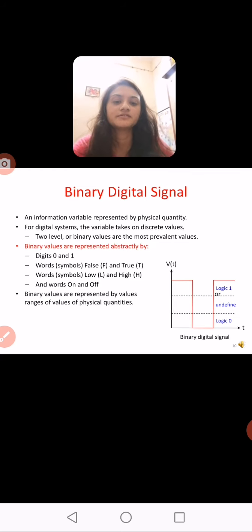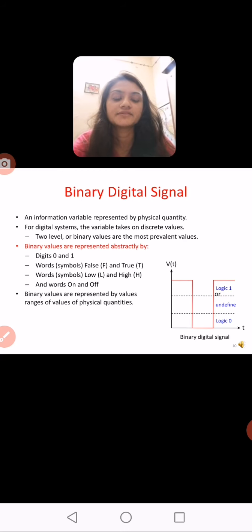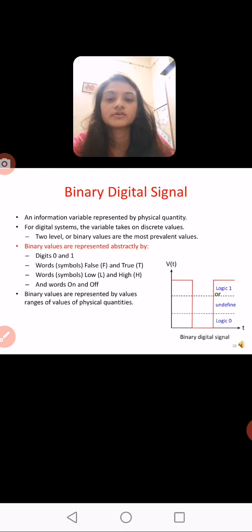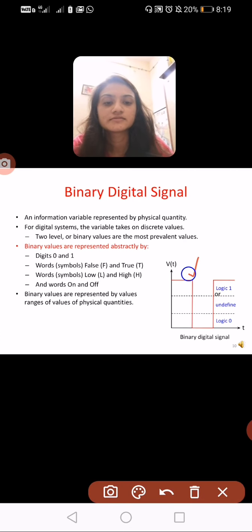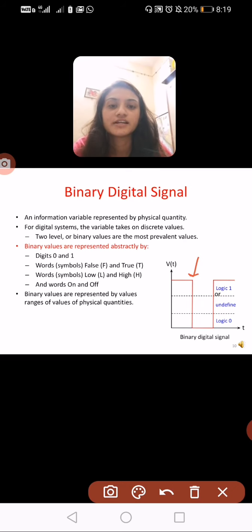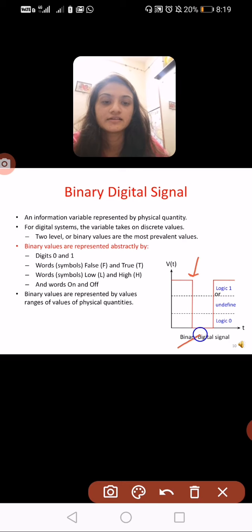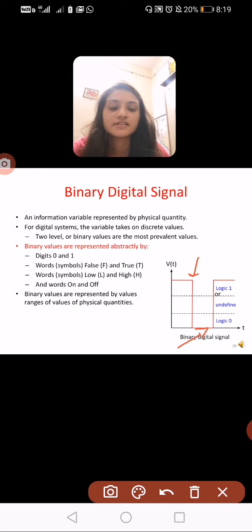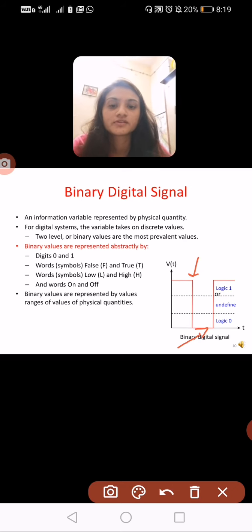Now let us see the waveform of a digital signal. As you see in the figure, a digital signal has only two states. One is high and the second one is low. In the figure, this level is considered high or logic 1, while this is considered logic 0 or a low signal.